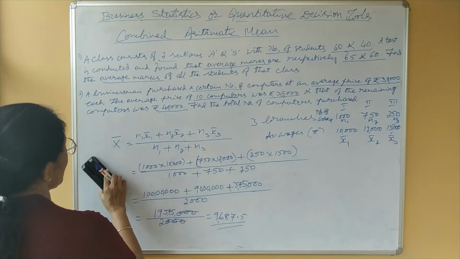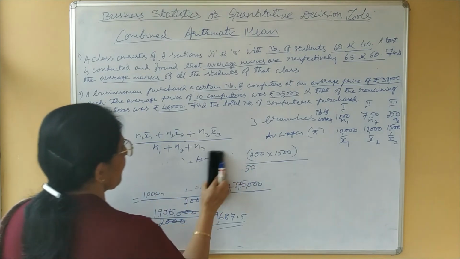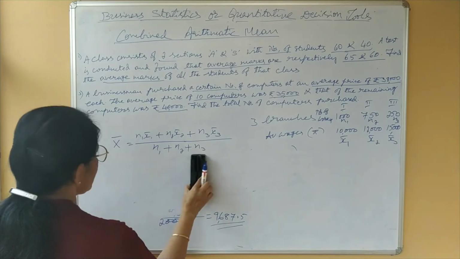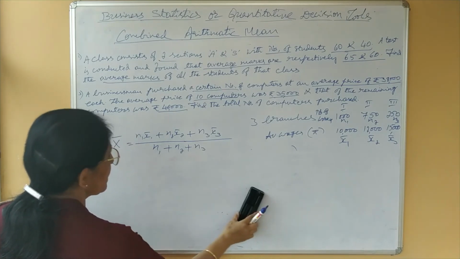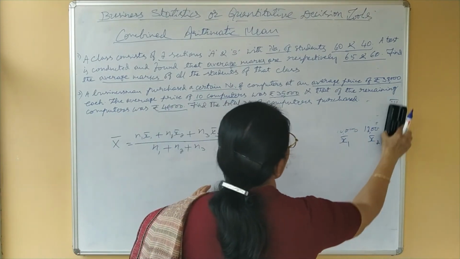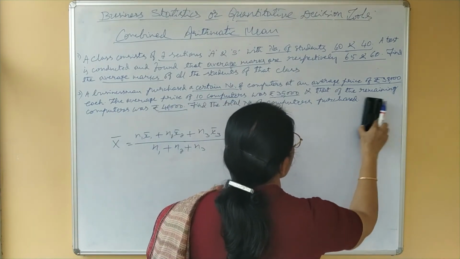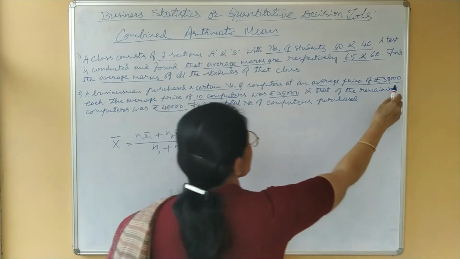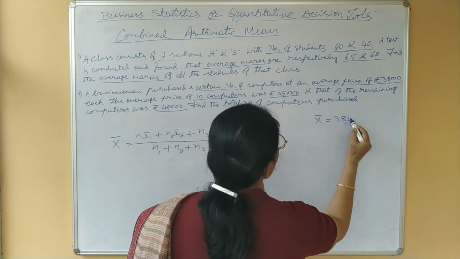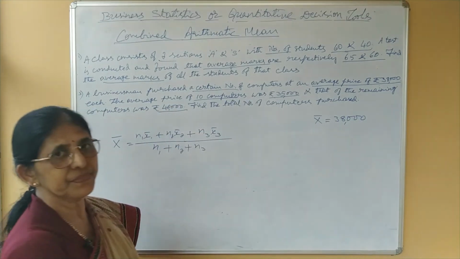Now, first we have to take the given information before taking the formula. This 38,000 is nothing but x bar, that is combined arithmetic mean.